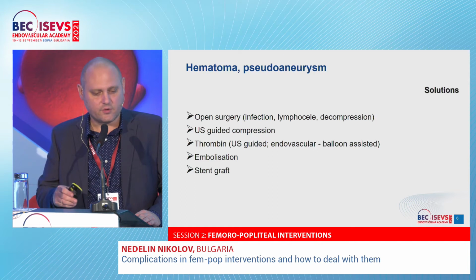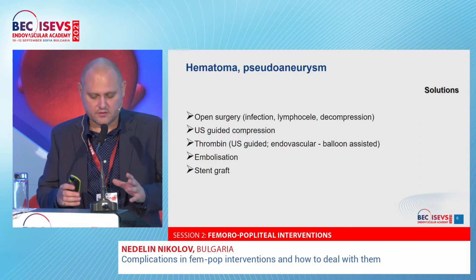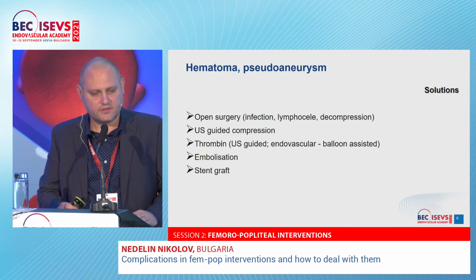You can put a microcatheter in the aneurysm or in the hematoma, and when you inflate a balloon inside the artery, you can very safely inject the thrombin in the pseudoaneurysm or the hematoma. The other option is embolization, and the final option is, of course, the stent graft.